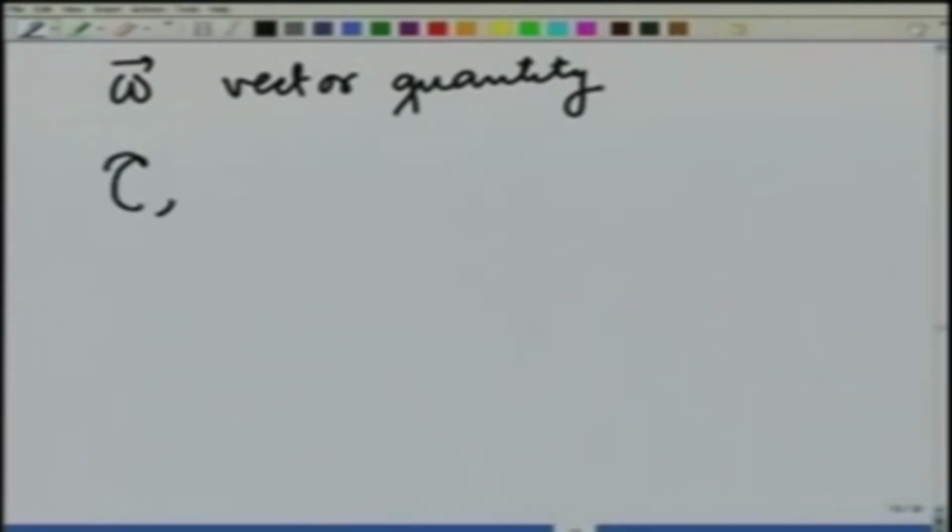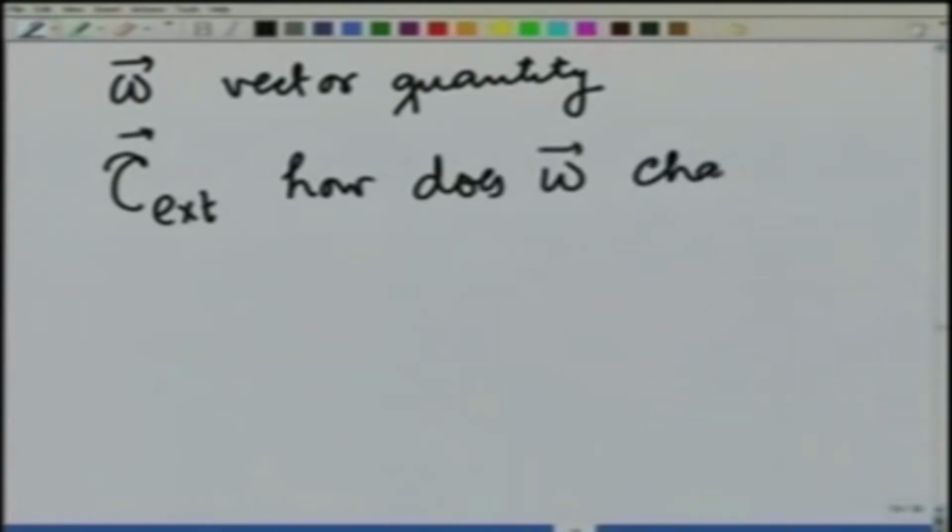Now that we have identified the angular velocity omega as a vector quantity, the next question I ask is, if to a rotating body I apply an external torque tau, how does omega change with time?